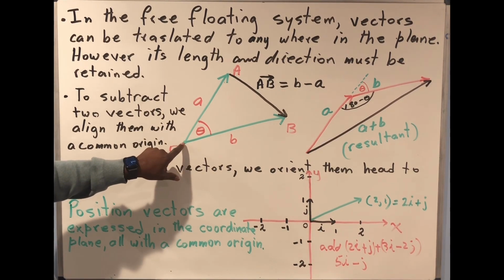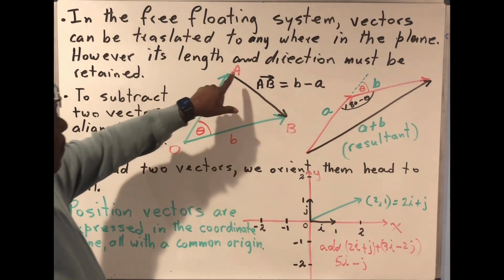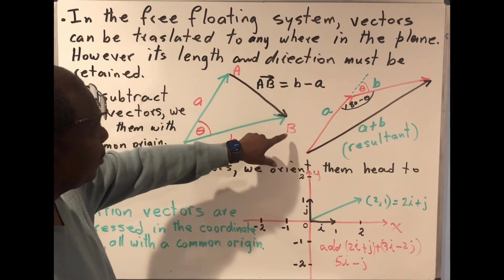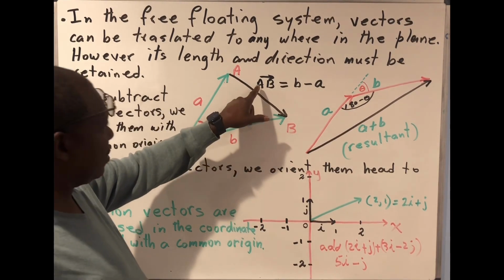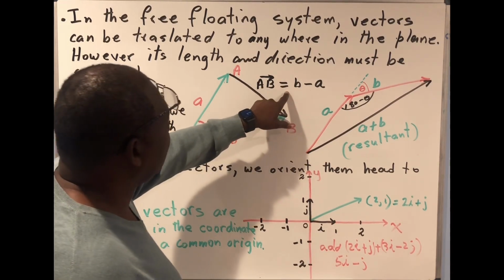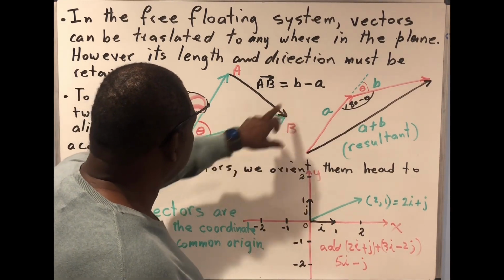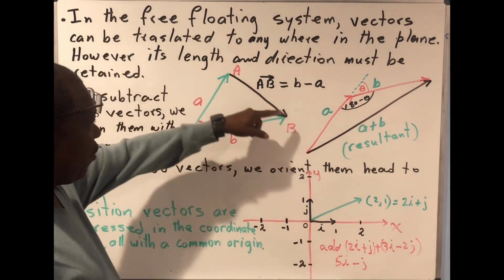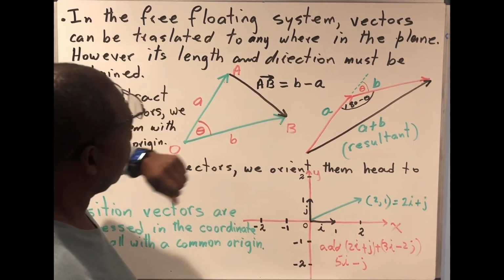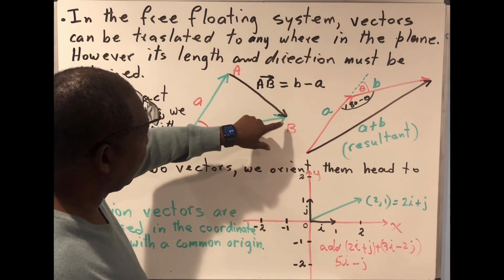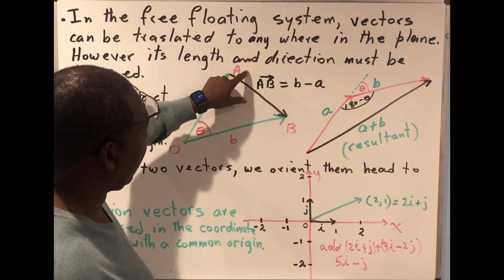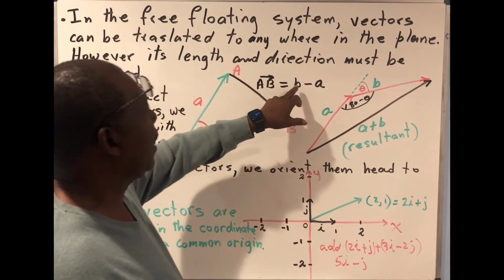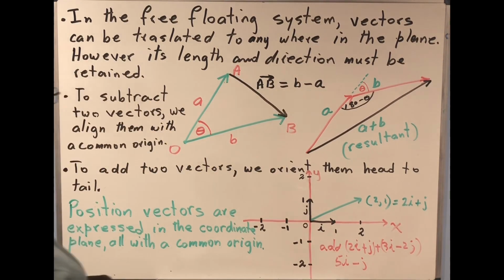When they are aligned with a common origin, then the vector from A to B will be equal to the vector b minus a. And of course, if you reverse and have the vector from B to A, then that would be a minus b.